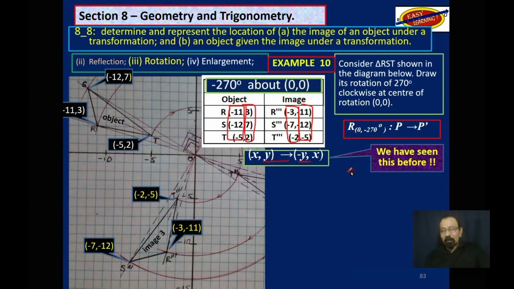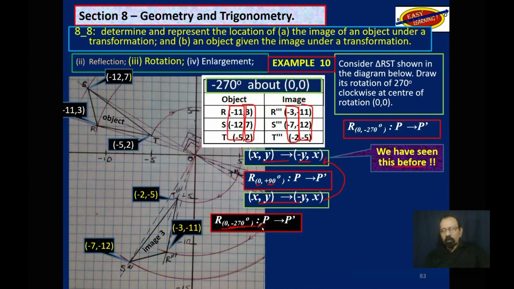Example 1, where we had a rotation of positive 90 degrees, which is anti-clockwise, at the origin, and this is what we got, the identical thing up here, which means that this rotation here is the same as that one.